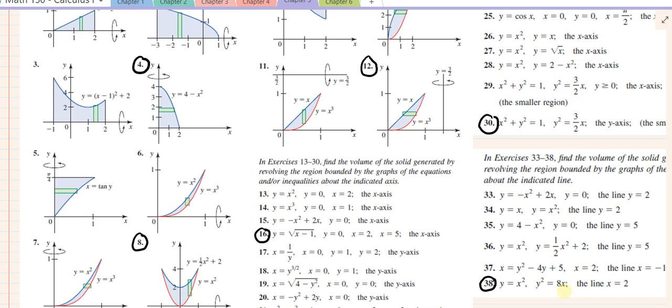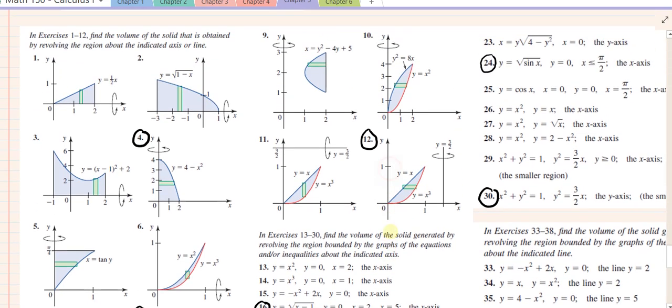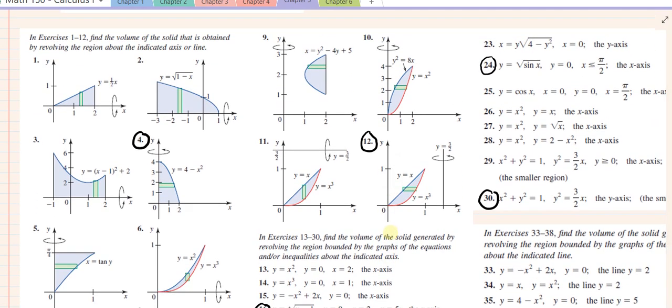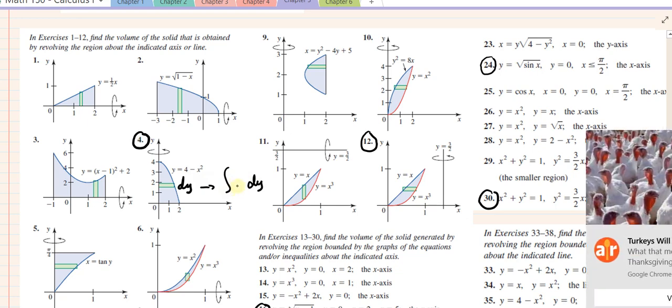Okay, now in exercise number 4, let me see. The exercise is asking us, it says find the volume of solid that is obtained by revolving the region about the indicated axis or line. Now notice in here, because we have horizontal rectangles, so we're going to use dy. And because that's dy, remember the variable of the integration is dy, so you have to have, in this case, a function of y.